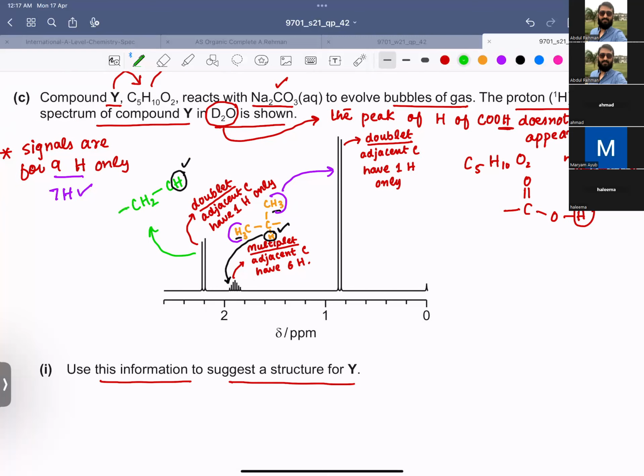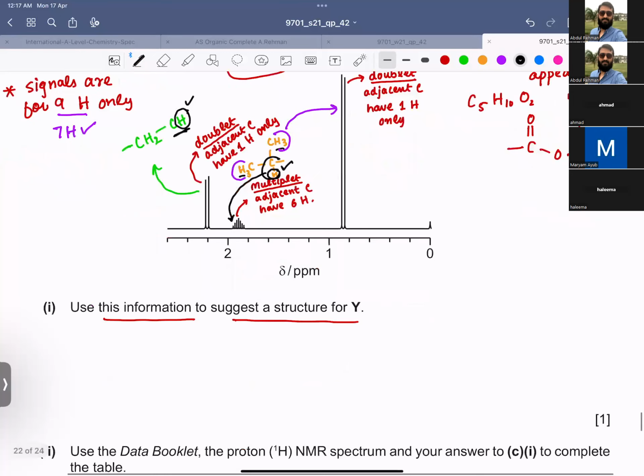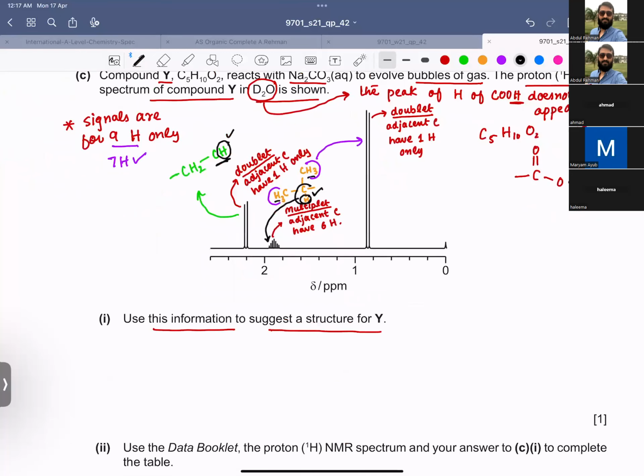So we got 3 different fragments in which we have one common fragment, this CH, which is over here and over here. So it would help me to identify the structure.